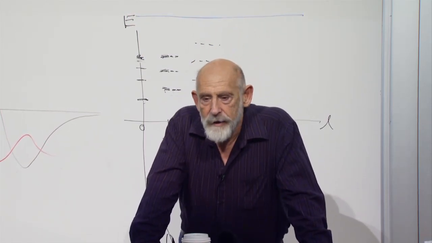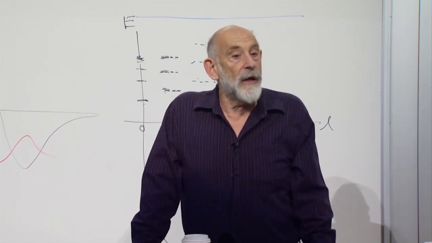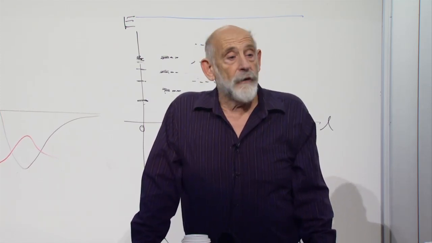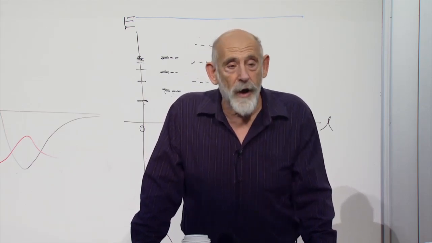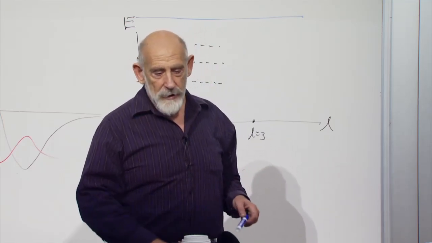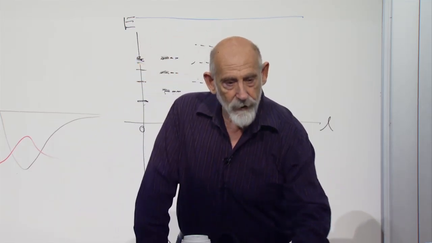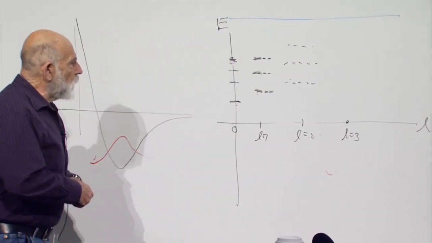It's violated by the finite size of the nucleus. It's violated by relativistic corrections. It's violated by the fact that the electron has a spin which couples to the orbital. Everything on Earth violates it. So it's something of an accident. It's very special to the Coulomb force. And it goes as follows.